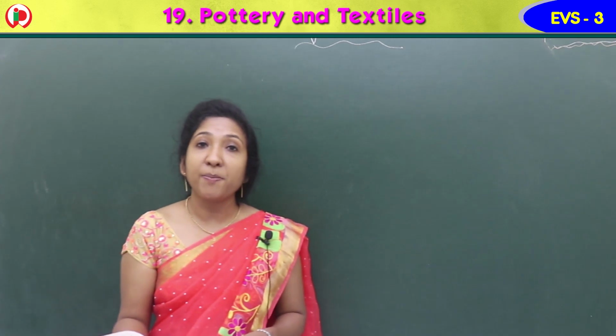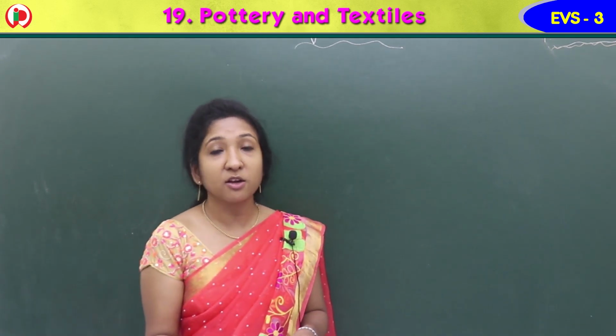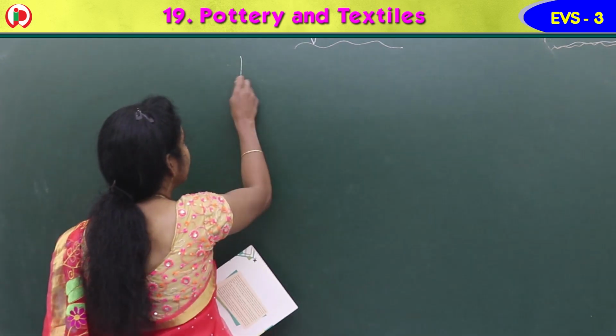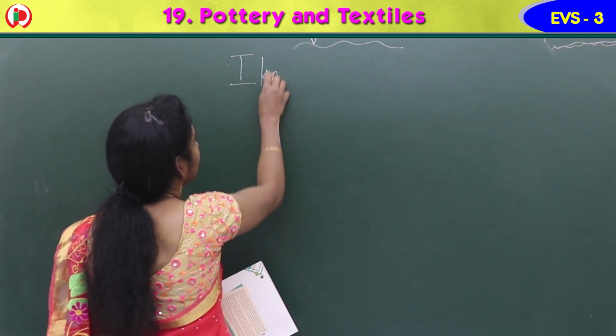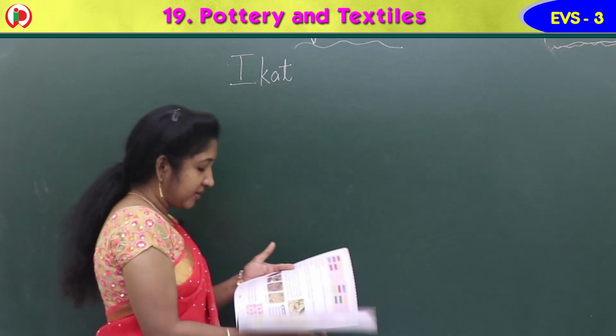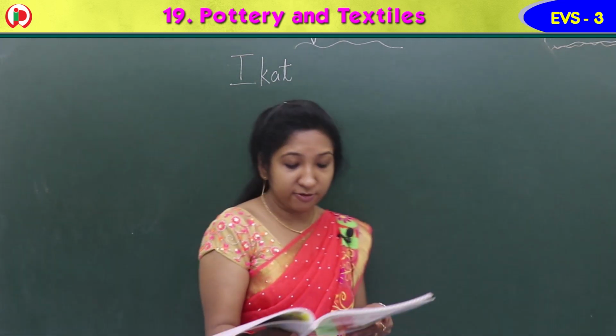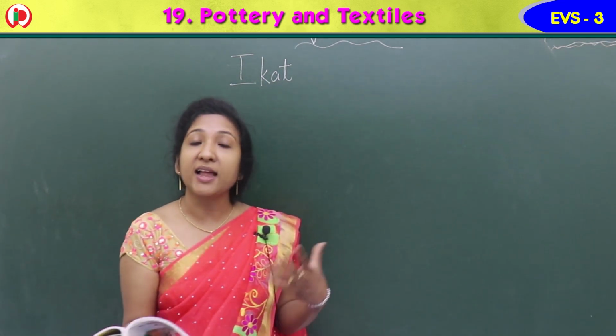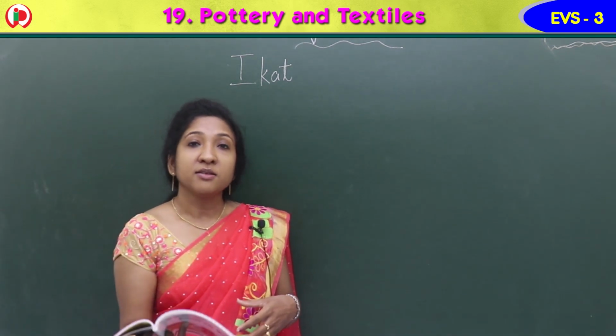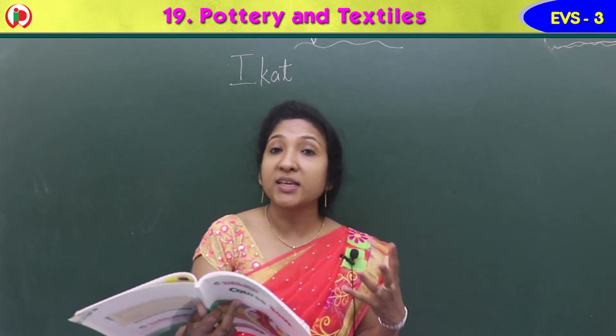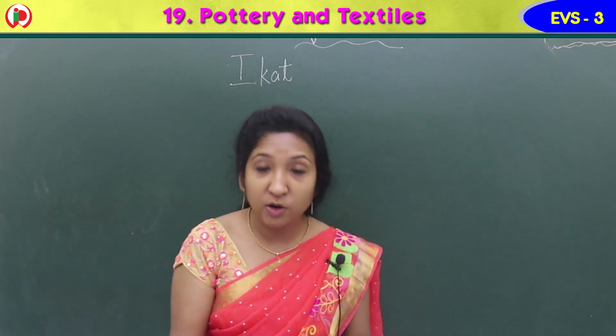Now the next popular method of designing or dyeing cloth is ikat, I-K-A-T. Ikat involves dyeing threads into different colors, and then weaving them on a loom.